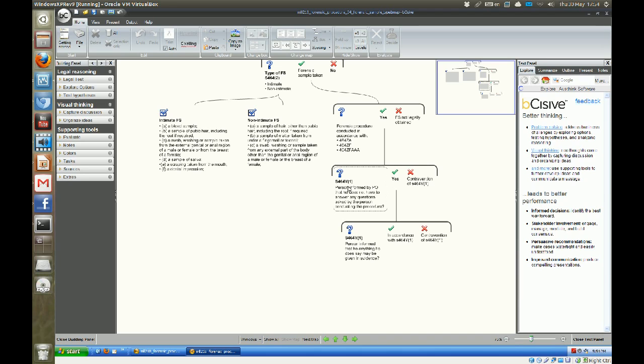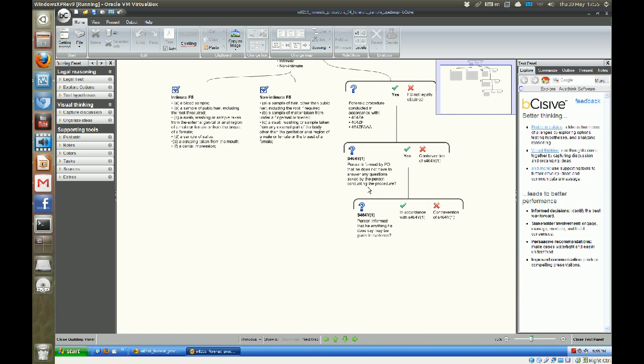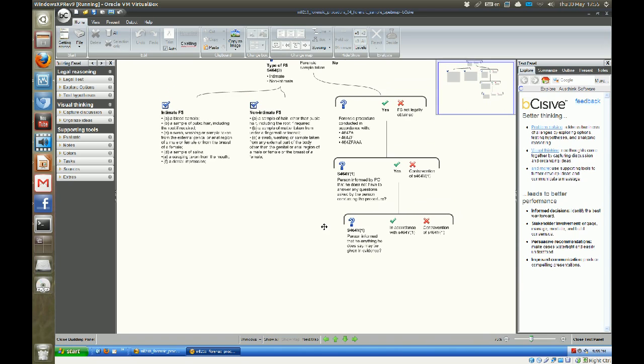So first of all, has the person been informed by the police that he does not have to answer any questions asked by the person conducting the procedure, so usually a policeman or a nurse or some sort of medical professional? And furthermore, has that person been informed that if he does say something, it may be given in evidence?